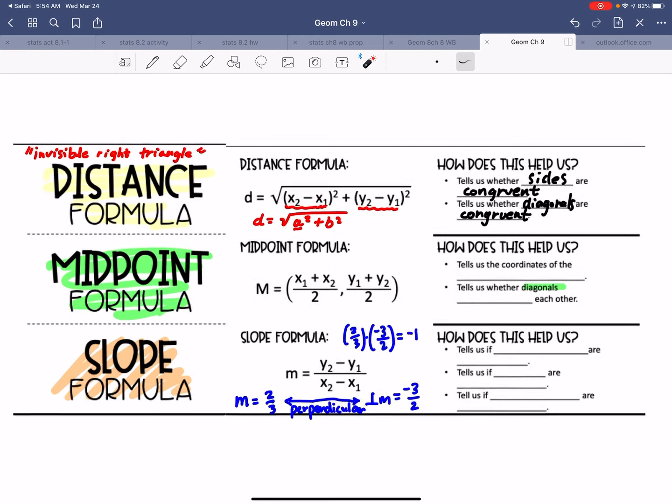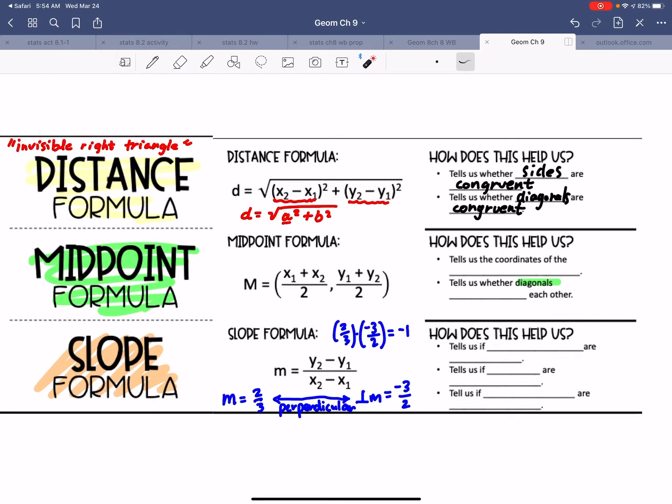Okay, what would I use my midpoint for? Well, it would tell us the coordinates of the midpoint of a side. That might be useful.